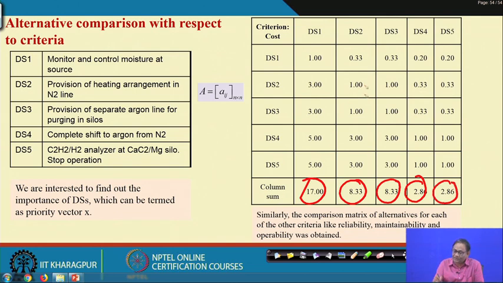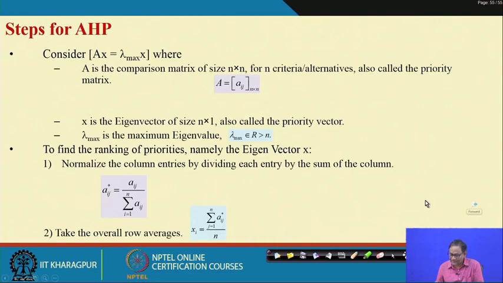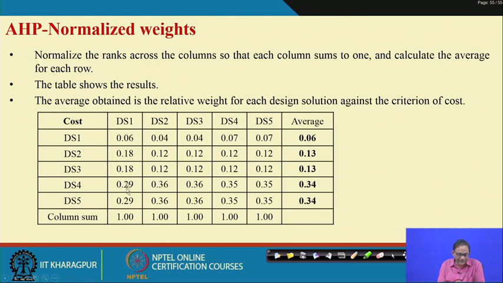These are the sums of the weights given here. Now, you divide each of the entries in the first column by this, each of the entries in the second column by the second column sum, third column by the third column sum, fourth column by the fourth column sum, fifth one by the fifth column sum, and you will get another matrix. That is what is called the normalized matrix.